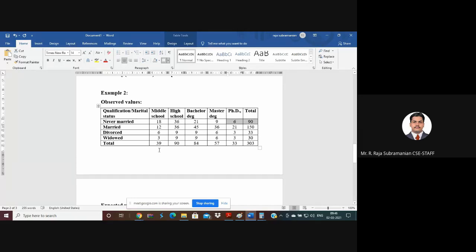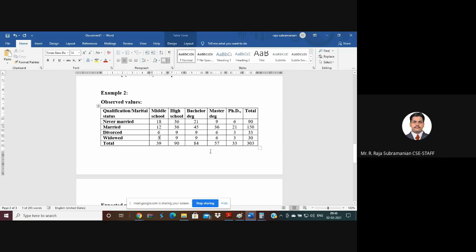Just multiply these and divide it by 303, that will be the expected value for this, because this is obtained from 39 and 90. So divide it by 303 and that will be the probability for getting this. The probability for this is this into this divided by the total sample size, right?